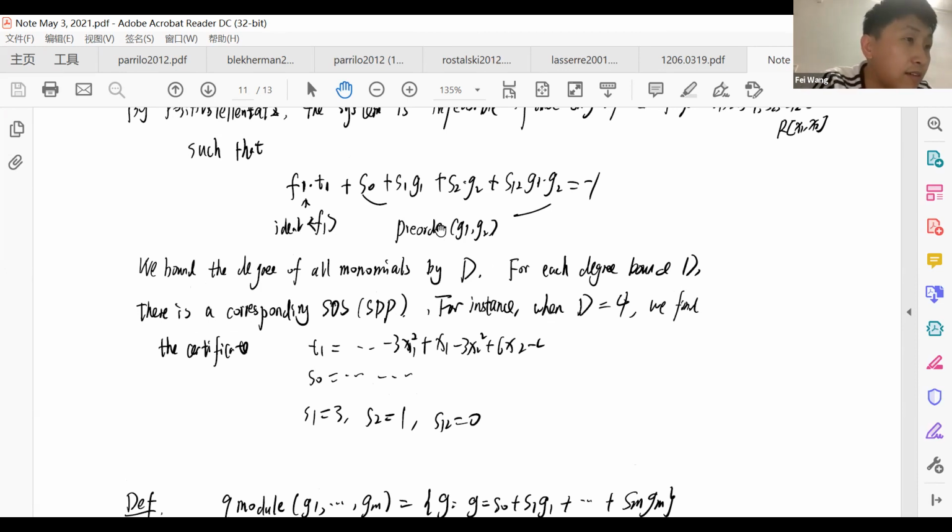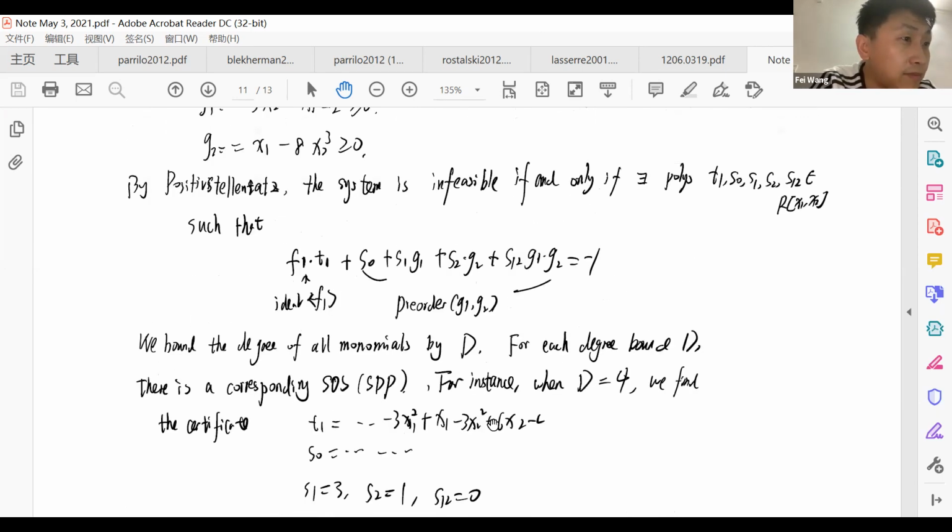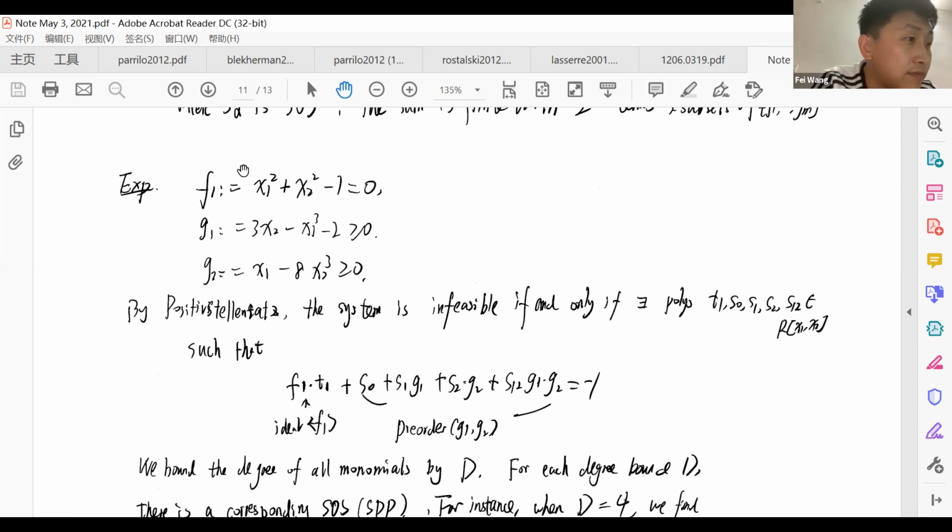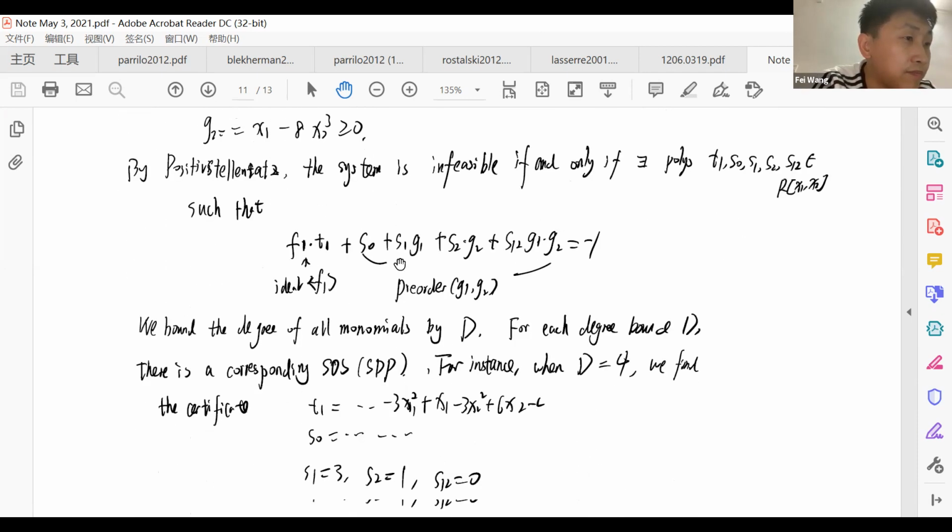We did find this is feasible. So we get this T1, S0, S1, S2, F0. Therefore, by solving this SDP problem given this degree bound D, we have certified that this polynomial system is in fact infeasible.